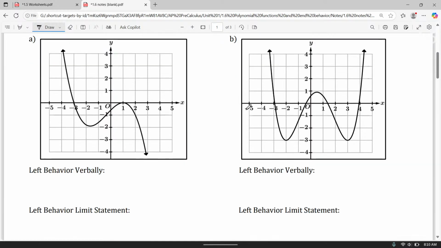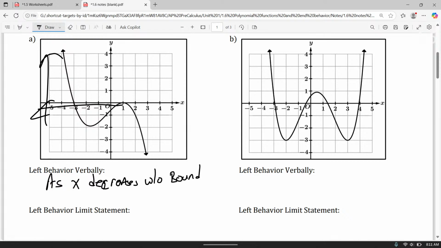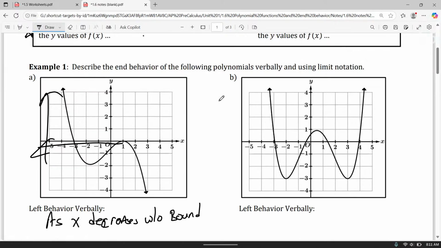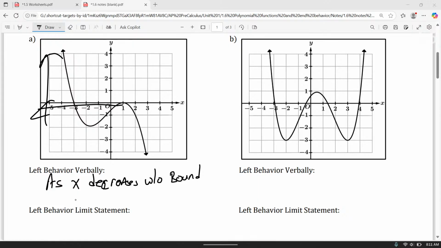Describe the end behavior. Verbally, left. As x decreases without bound. Was this f of x or was it y, or they didn't tell me? I can just say y.